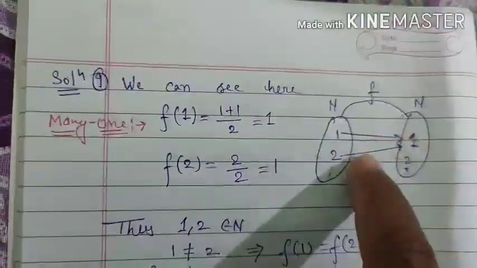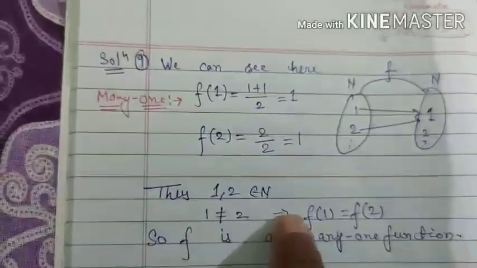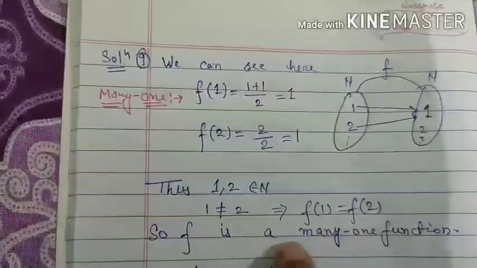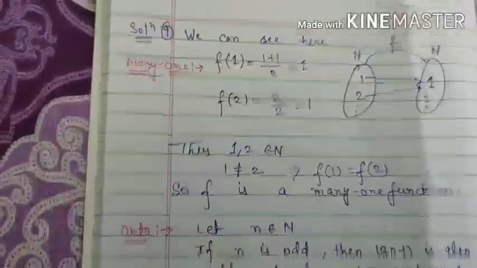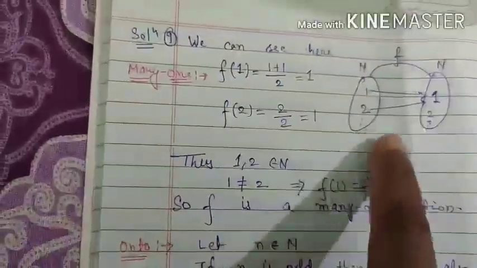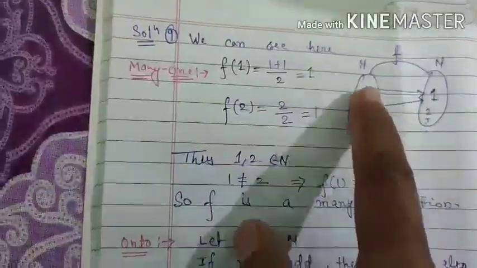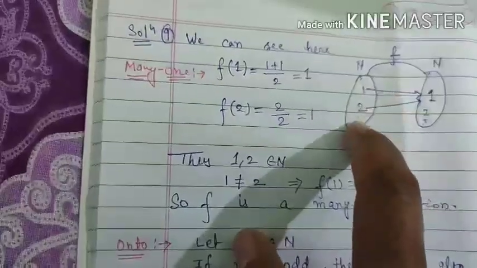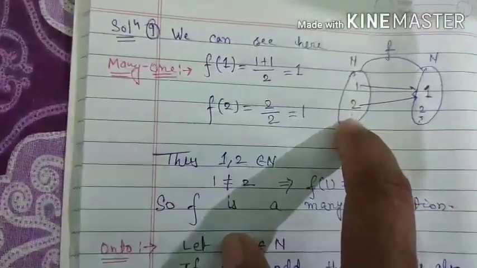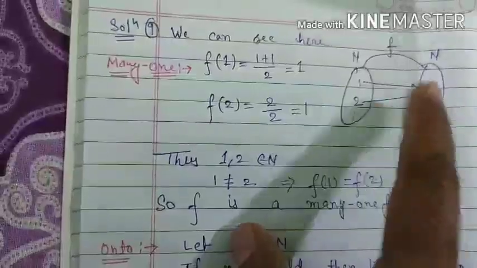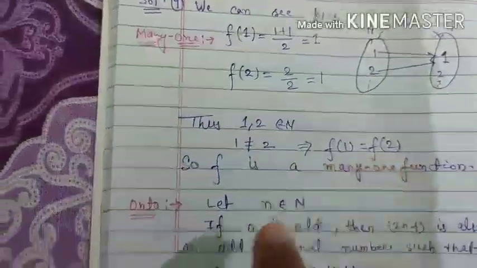It means this is a many one function. Two elements have image 1. So it is a many one function.